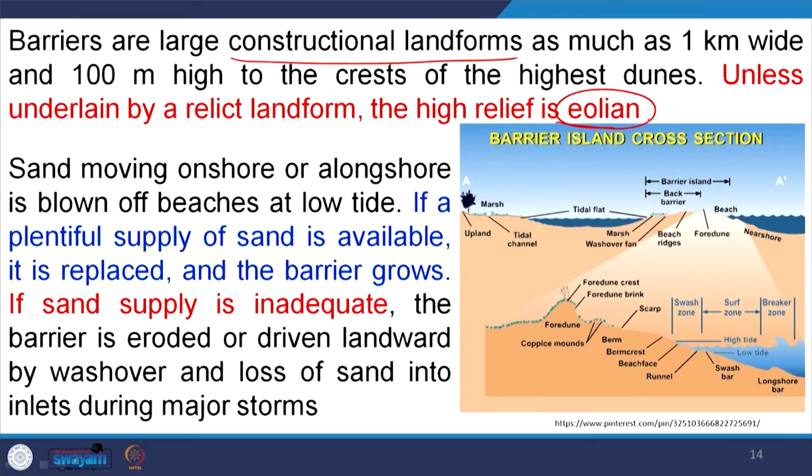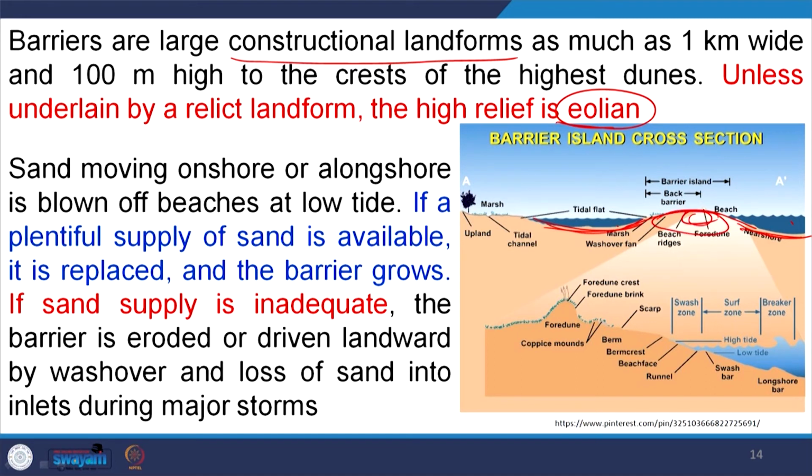Here you see this is a profile. This is a barrier, and behind this barrier is a lagoon, and this is the main sea. The lagoon is cut off from the main sea, or formed, due to the presence of this barrier.